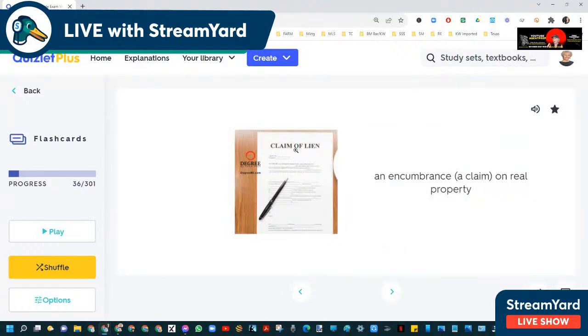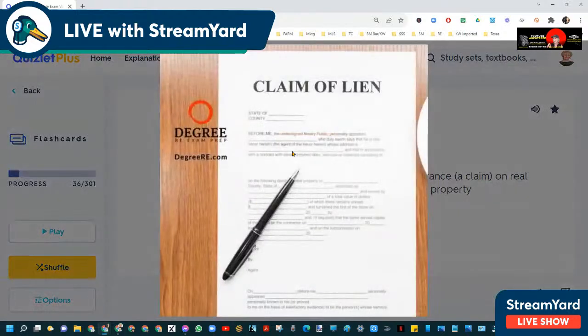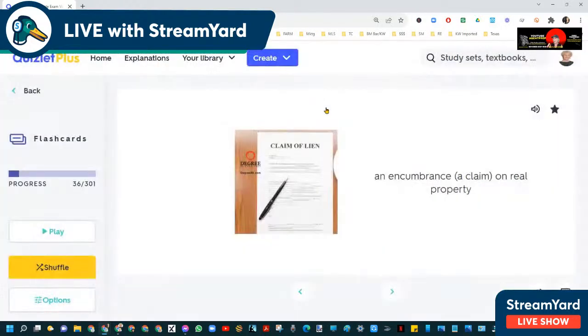And you saw the words up here, claim of lien, right? No, not easement. Easements are not a lien on property. An easement is a right of way to property. Good morning, Jen. So an easement is not a lien.